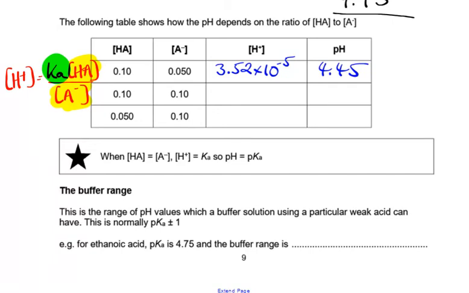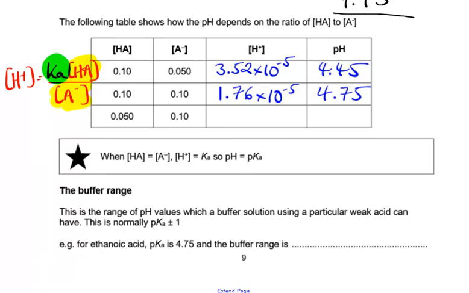In the second example, the acid and salt concentrations are the same, which means the hydrogen ion concentration will be the same as Ka, which was 1.76 times 10 to the minus 5, and that gave a pH of 4.75.